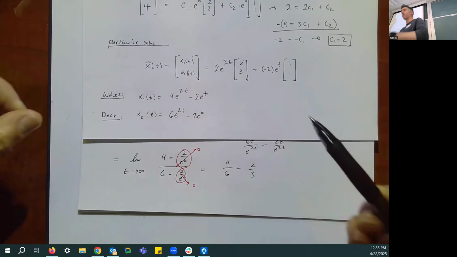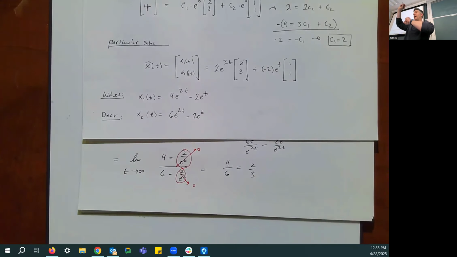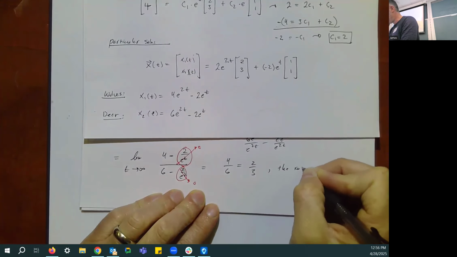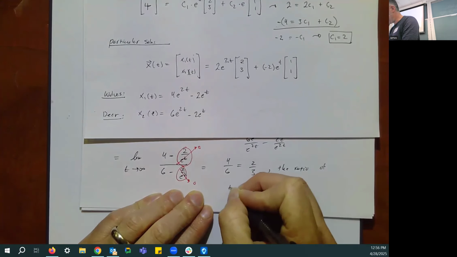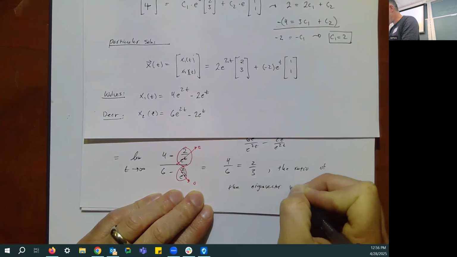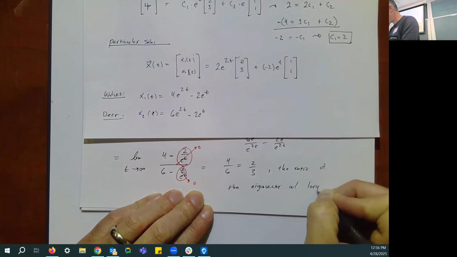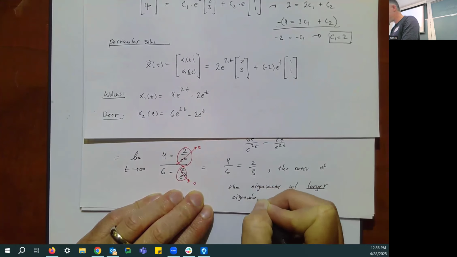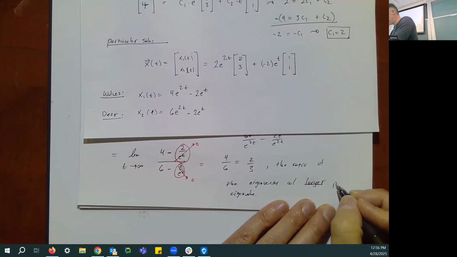Which is exactly the ratio in the eigenvector associated with the larger eigenvalue. I should say the larger positive eigenvalue.